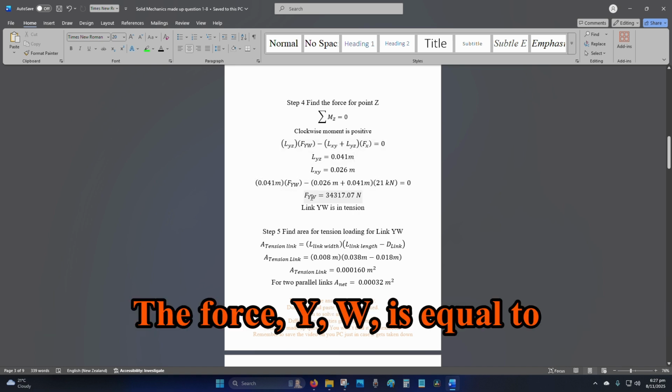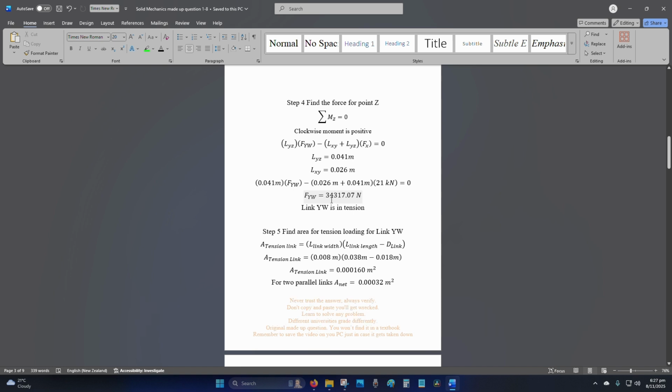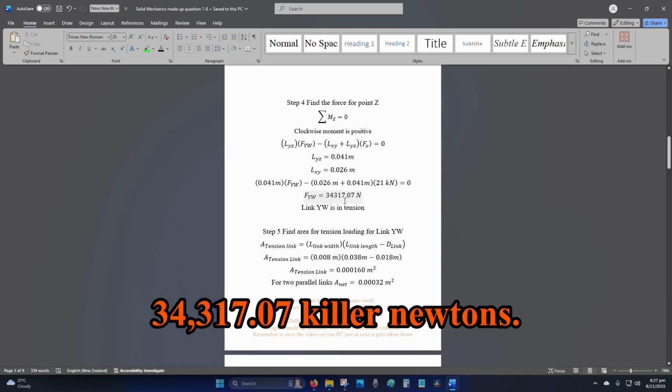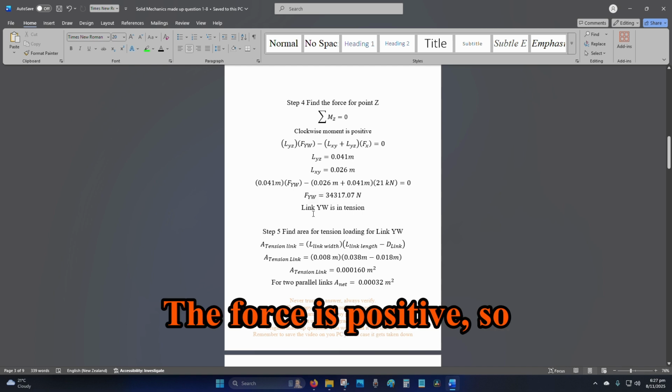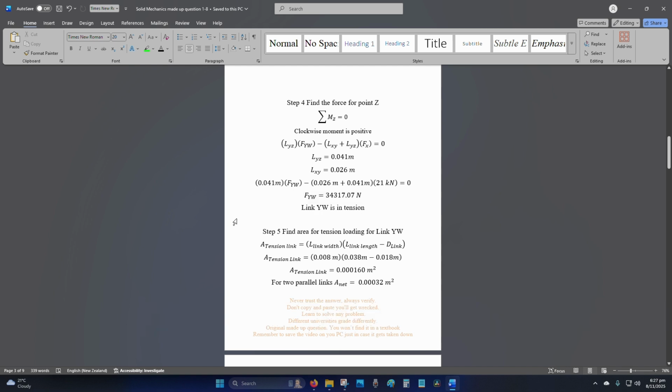The force YW is equal to 34,317.07 newtons. The force is positive, so the link will be in tension.